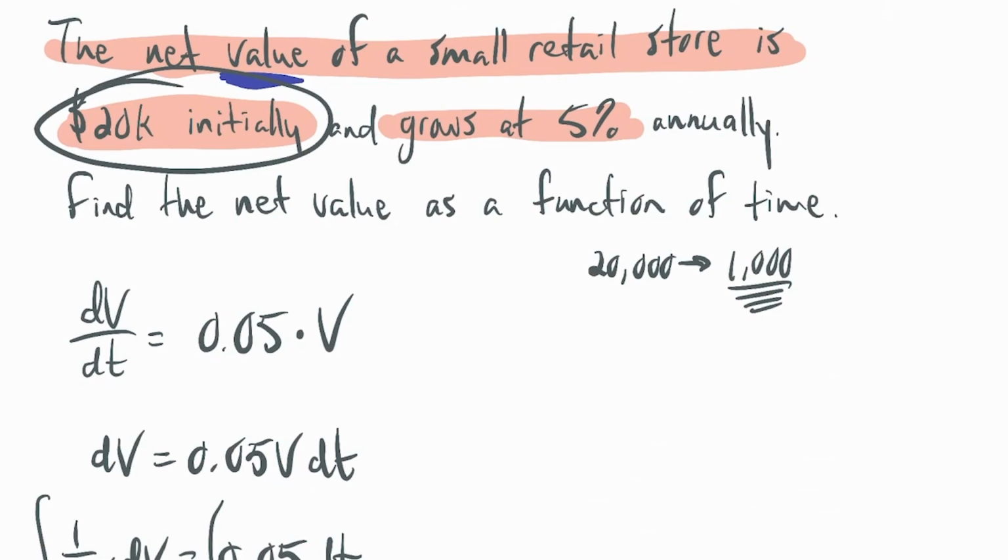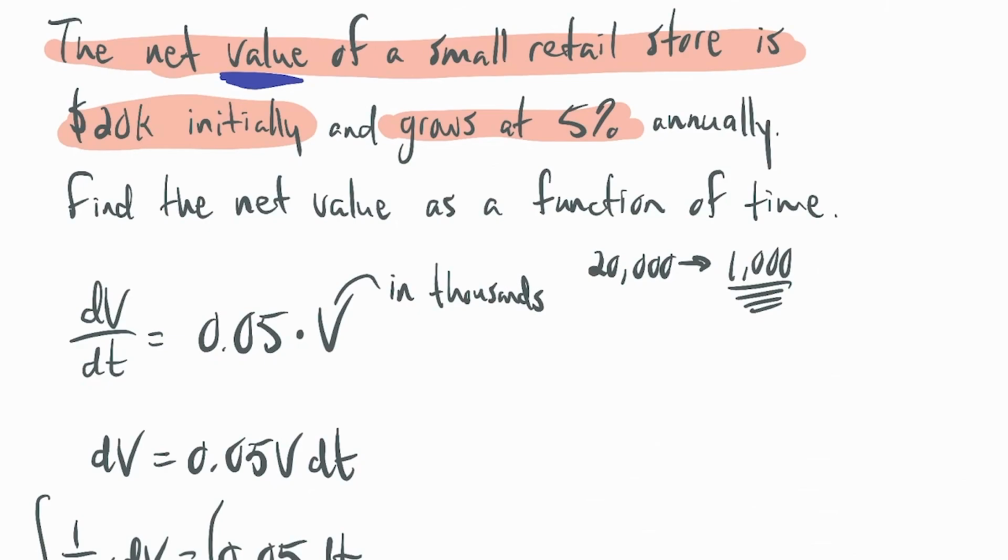I don't have a whole bunch of zeros, so let's say that this value is in thousands, just because I want to have fewer zeros. So that means that my initial value would be 0, 20. If I wanted to use 0, 20,000, I don't have to do this. I just would have bigger numbers floating around, and I just want to have smaller numbers.